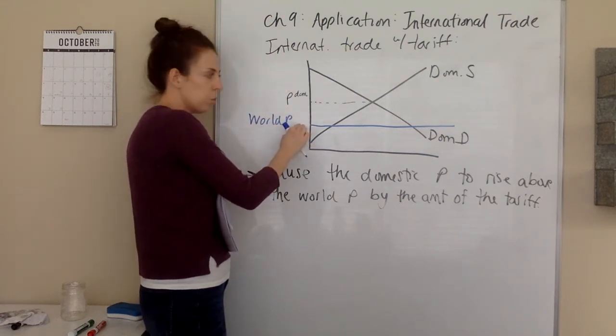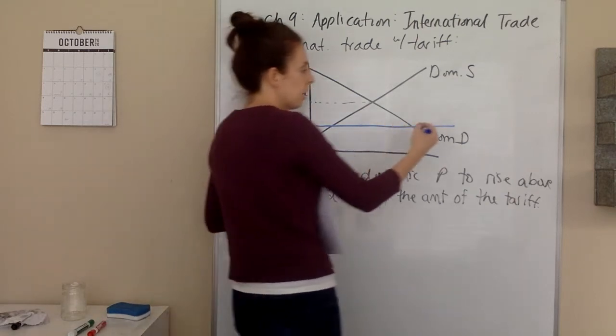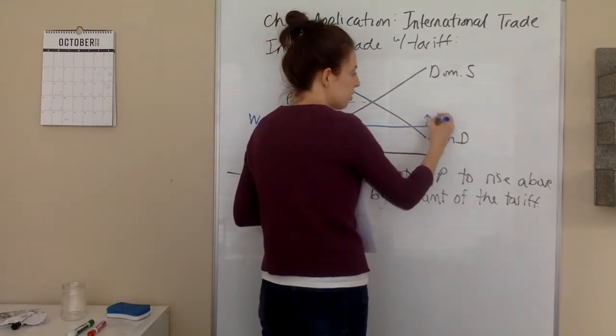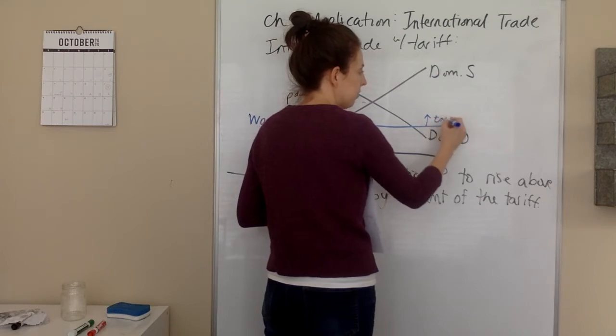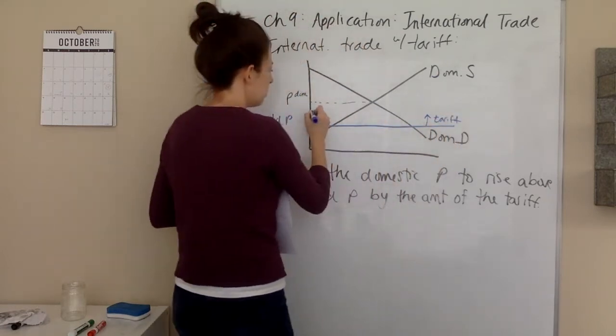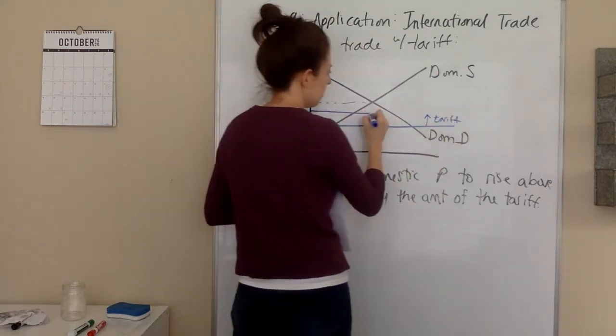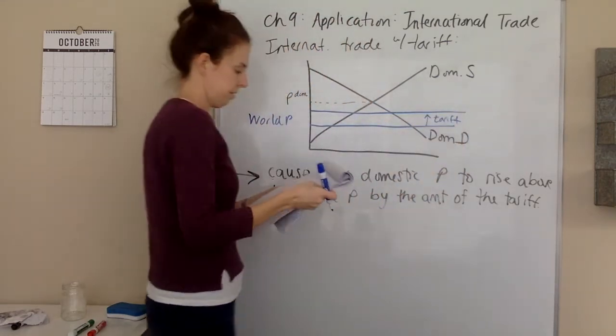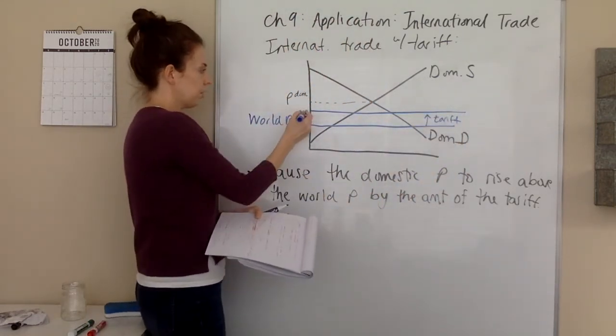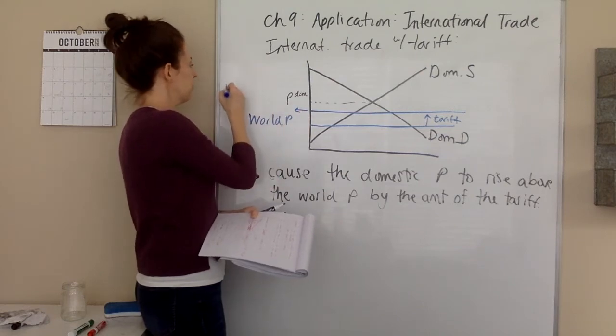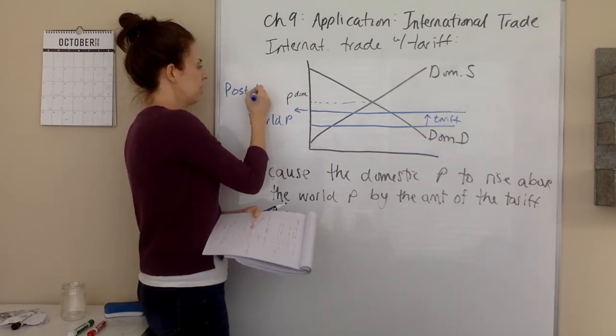They assume this low world price, but then because the tariff has to be paid on top of the world price, the price effectively is just going to increase by the amount of the tariff. And so we're going to get this other price, and we're going to call this price the post-tariff price.